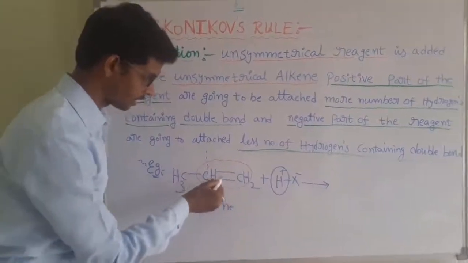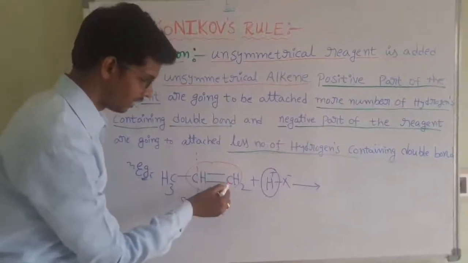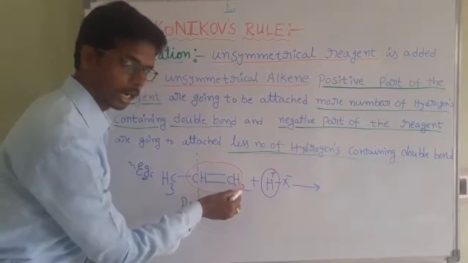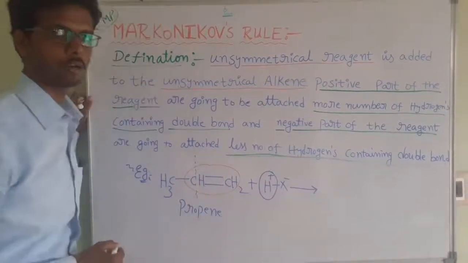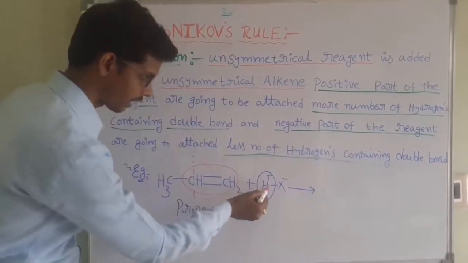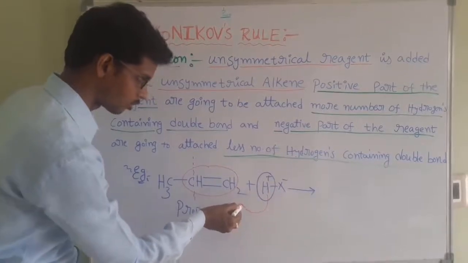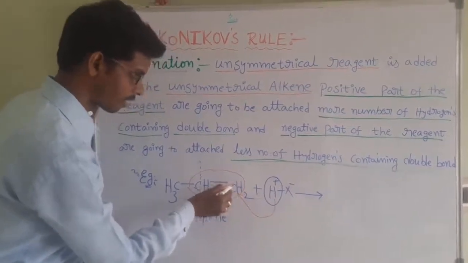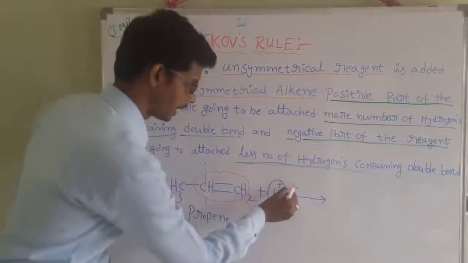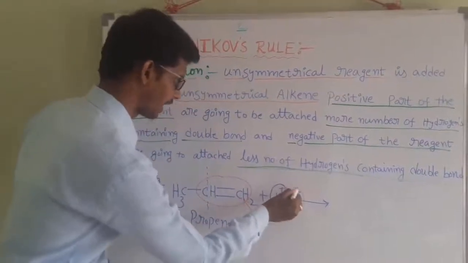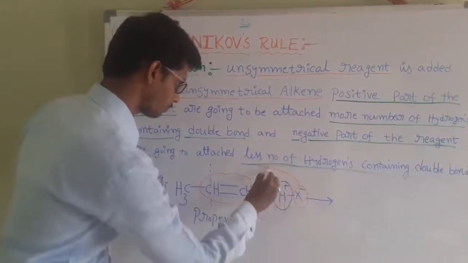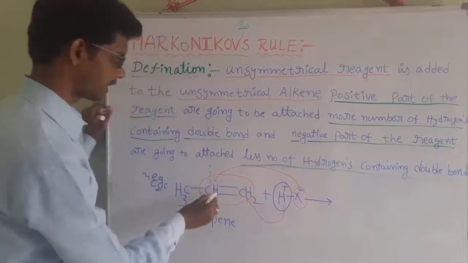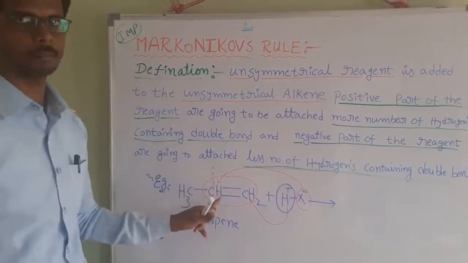In this double bond, this carbon has two hydrogens, this carbon has only one hydrogen. That's why the positive part of the reagent is attached to the carbon with more hydrogens. The negative part of the reagent is added to the double bond carbon atom with fewer hydrogens.